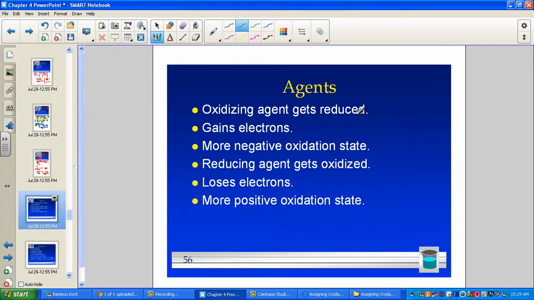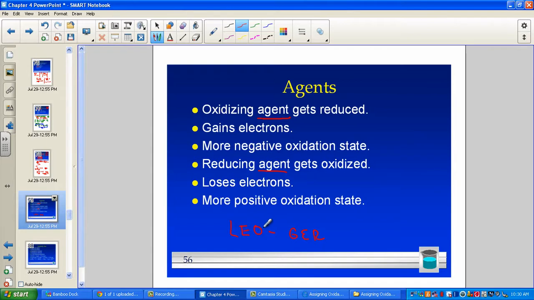I'm just processing the term agents a little bit more. The oxidizing agent gets reduced. It gains electrons, giving a more negative oxidation state. By gaining electrons, you're being reduced. The reducing agent gets oxidized. You lose electrons and become more positive. An easy way to remember that: LEO the lion says GER.